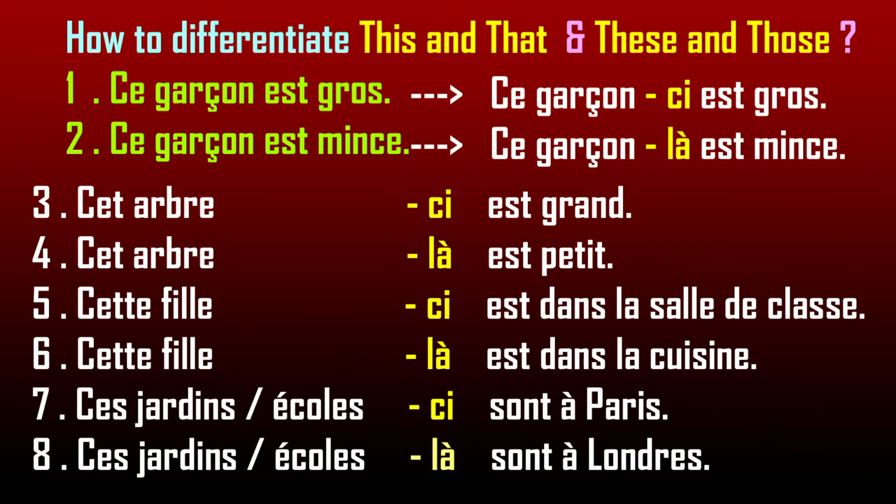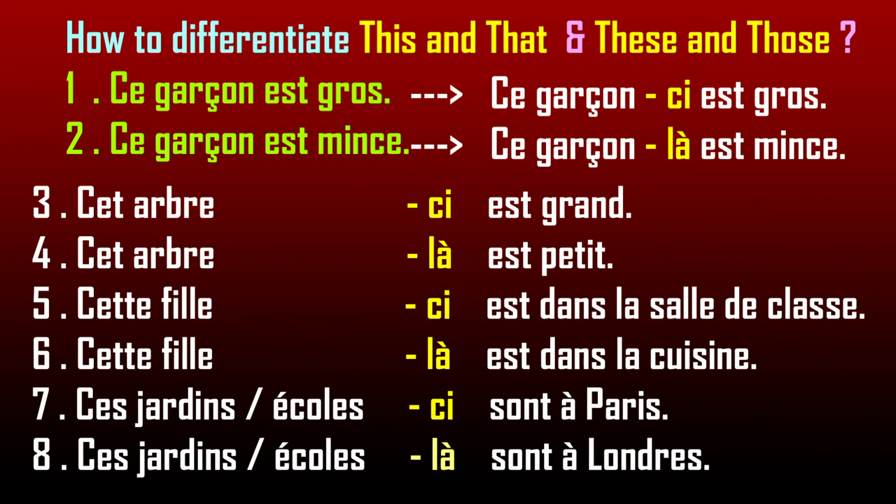I can always add one adverb of place or complement of place after the noun to make the difference between two nouns, near and far. Look at sentence number 1. Ce garçon-ci est gros. Ci means here.